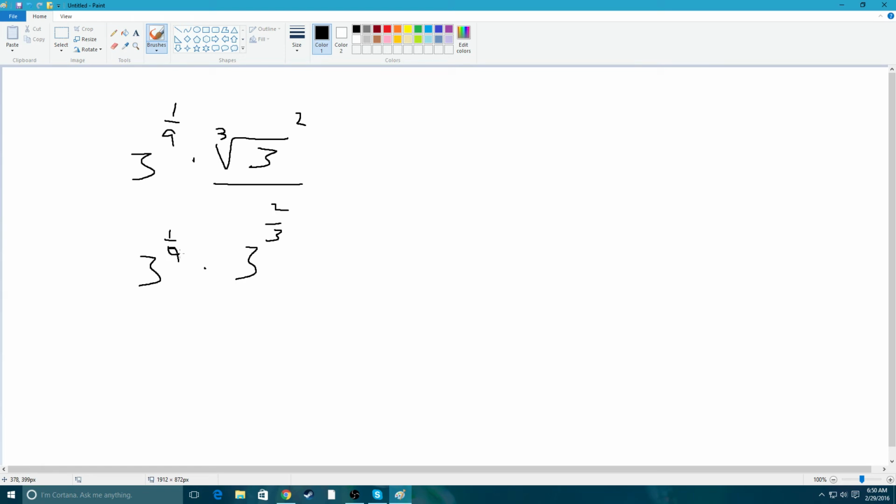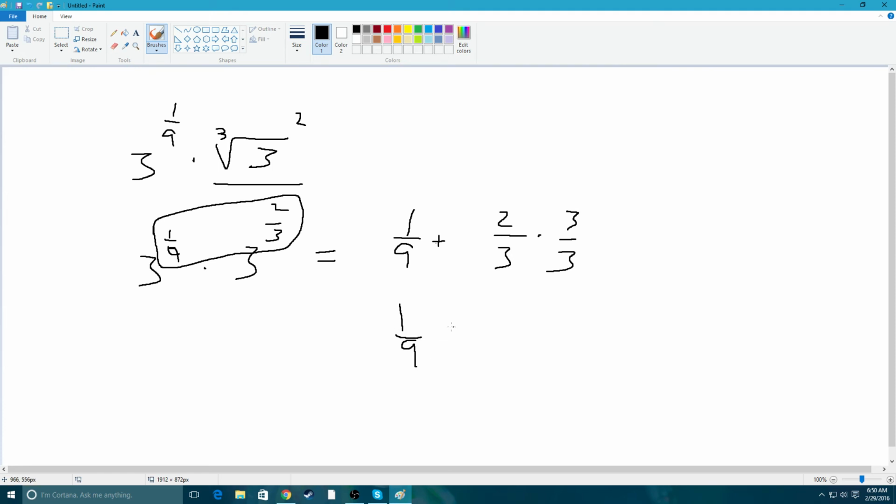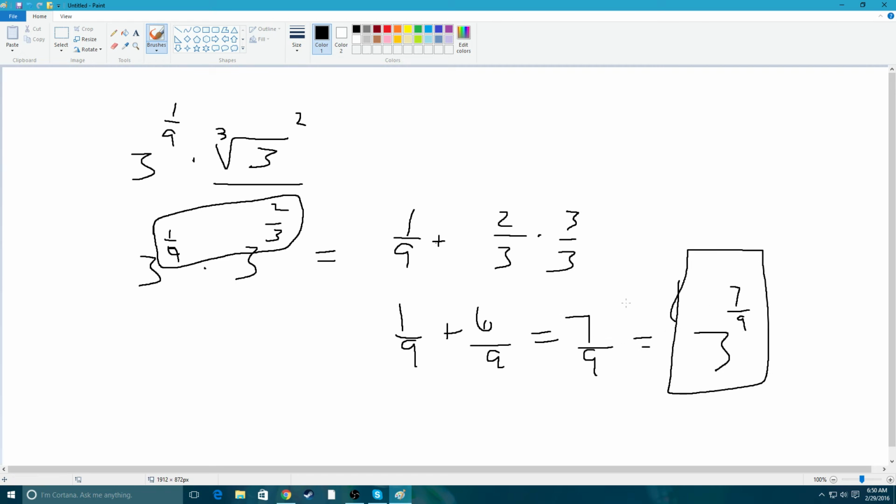That's a 9, by the way, not a 7. The bases are the same, so you add the exponents: 1/9 plus 2/3. We don't have to multiply both of them by 9, because we can just multiply this guy by 3 over 3 to get a denominator of 9. So this is 1/9 plus 6/9, which equals 7/9. So your answer is 3 to the 7/9 power. Boom.